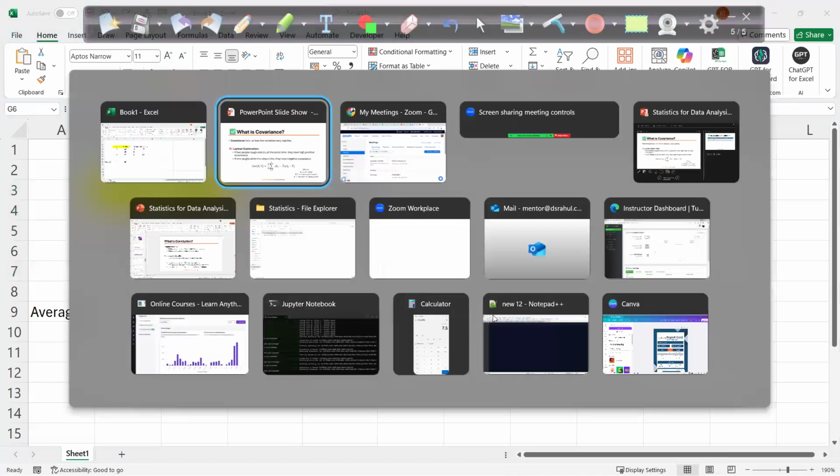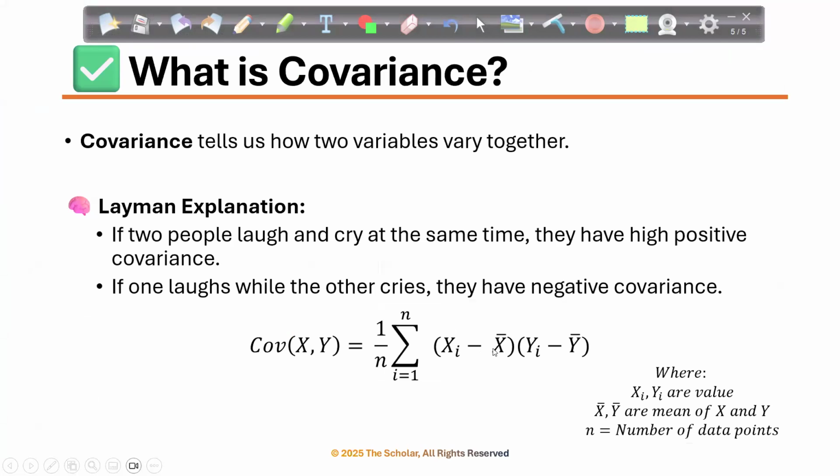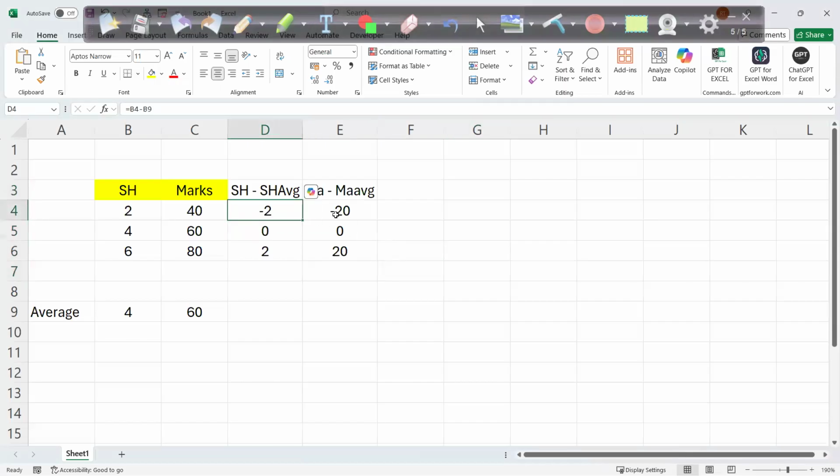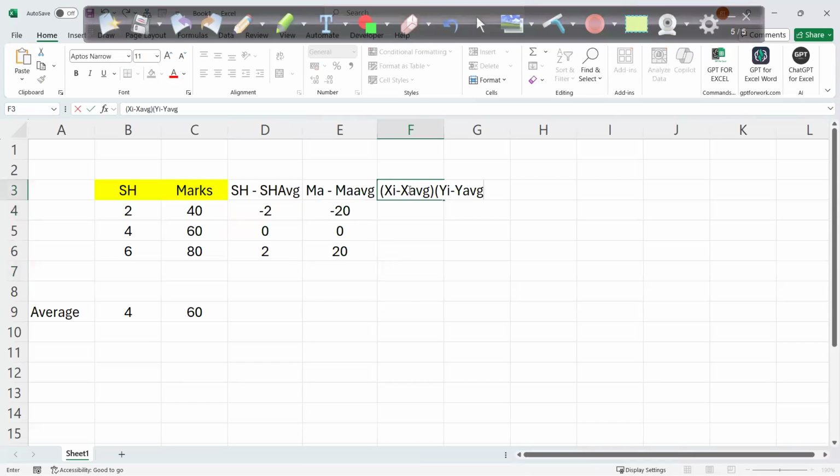Now, as per the formula, it is the multiplication of xi minus x bar into yi minus y bar. That means this multiplied by this, and this multiplied by this, row by row.